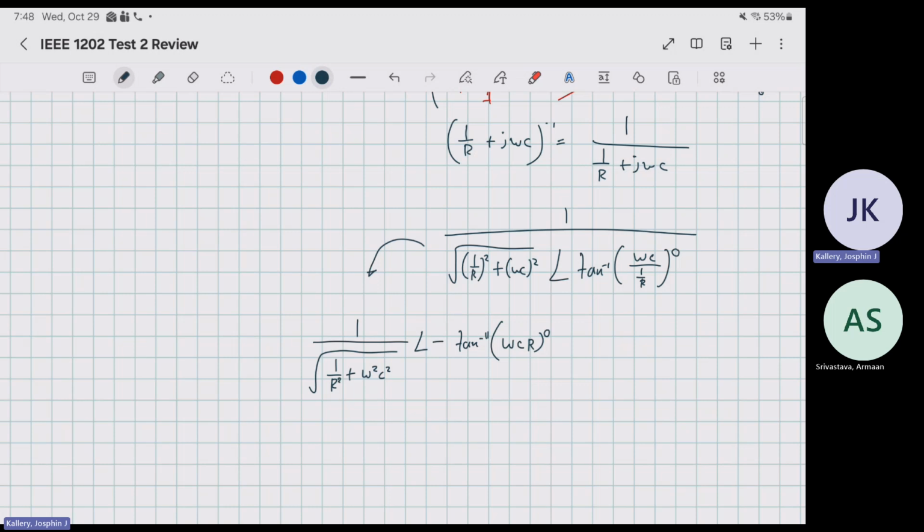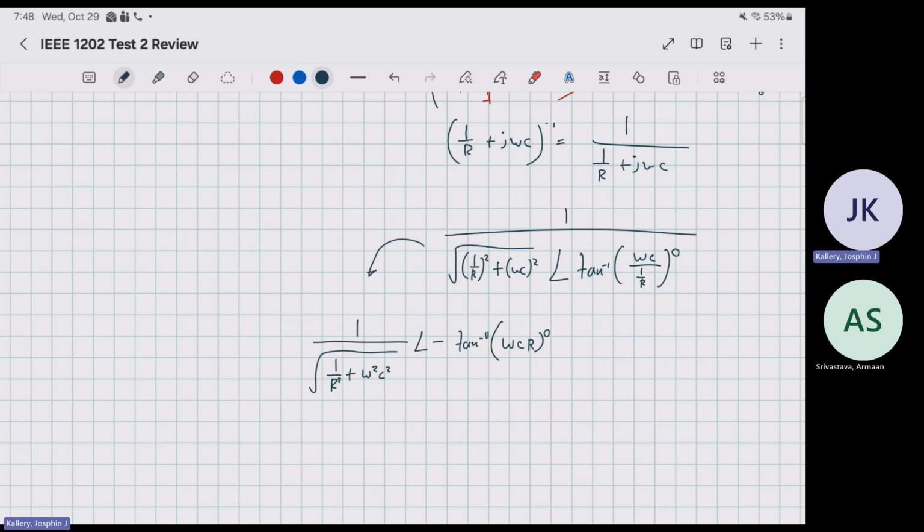Our angular frequency is 1,000. So 1,000 squared. And then our capacitance, 200 nanofarads. So that's 200 times 10 to the negative 9 squared. Okay.